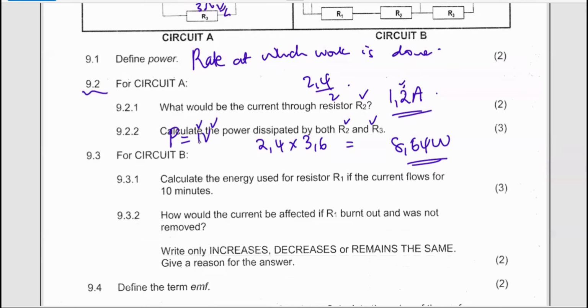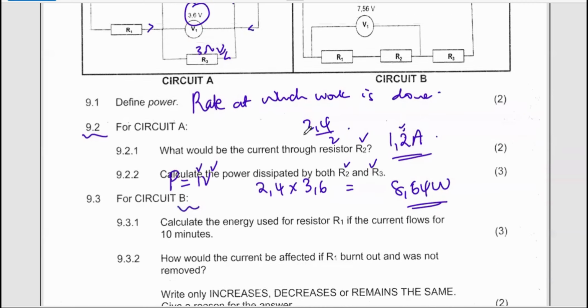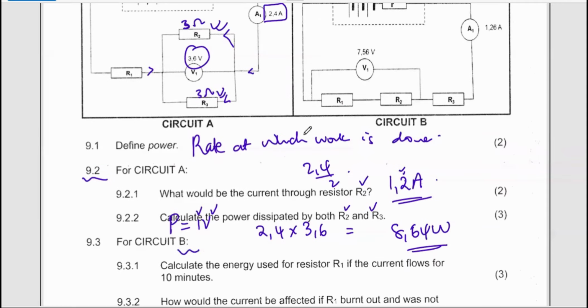The 9.3 is using circuit B. They want us to get the energy used for resistor R1 if the current flows for 10 minutes. We know that these resistors are in series, and for as long as they are in series, the current passing through them is the same. The voltage of R1 should be the same as the voltage of R2 and R3, but all 3 voltages must give us the total voltage because they are in series.